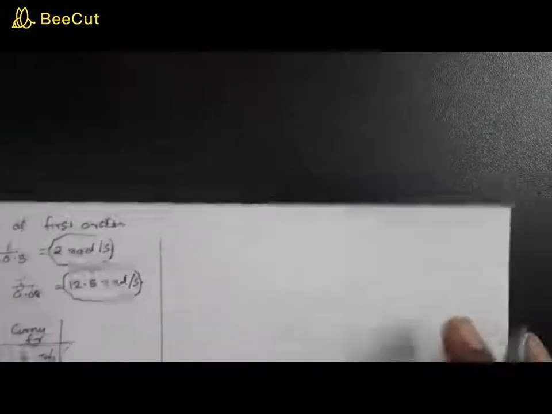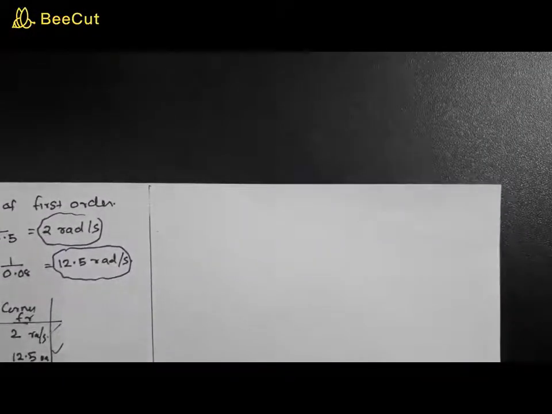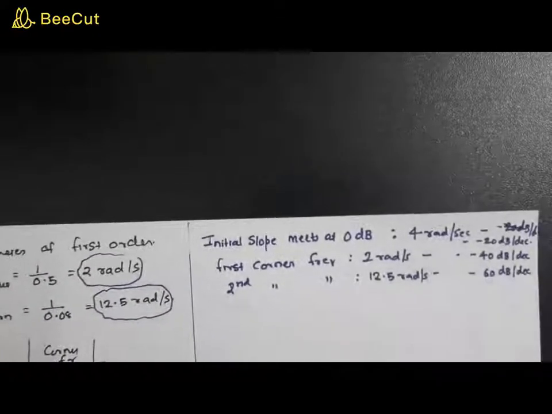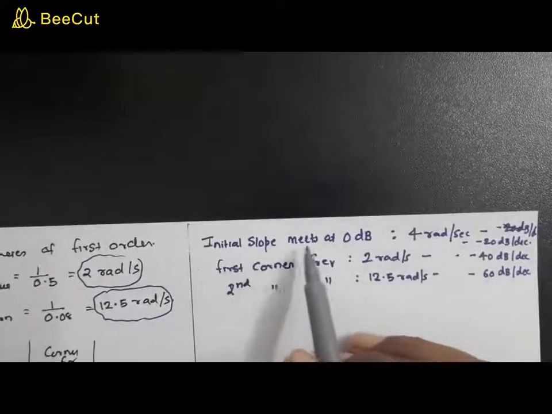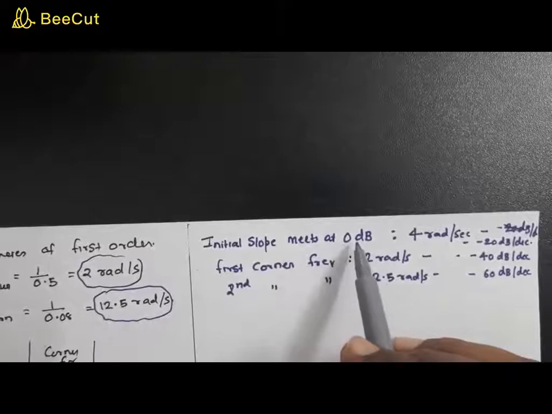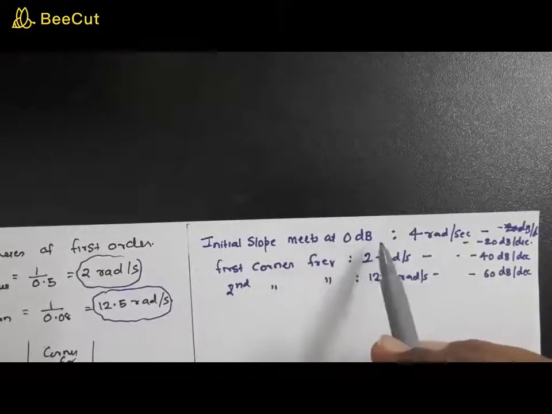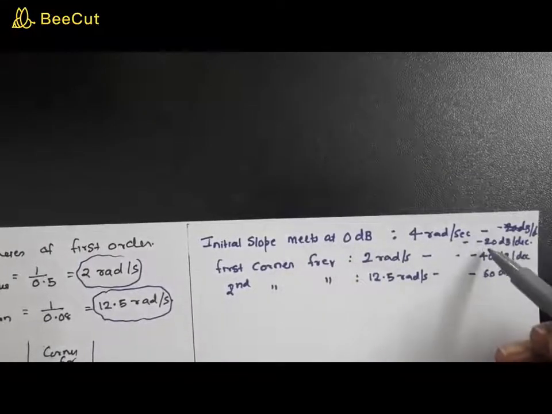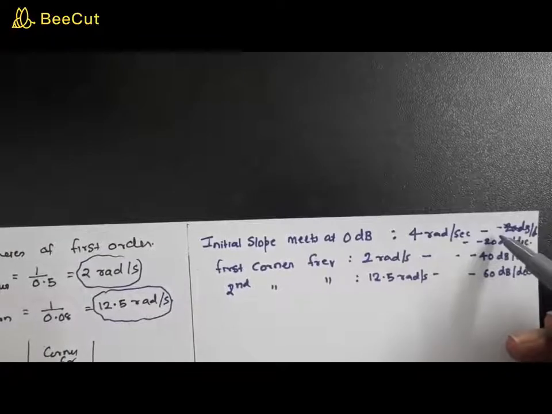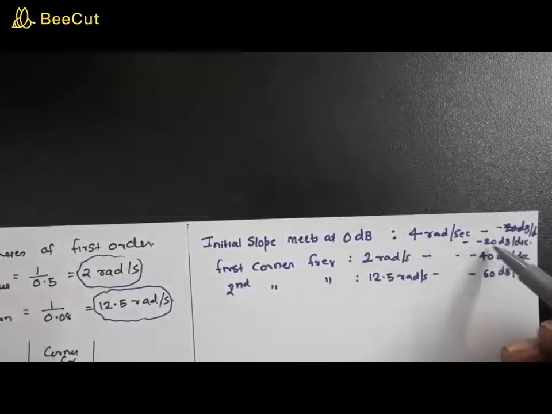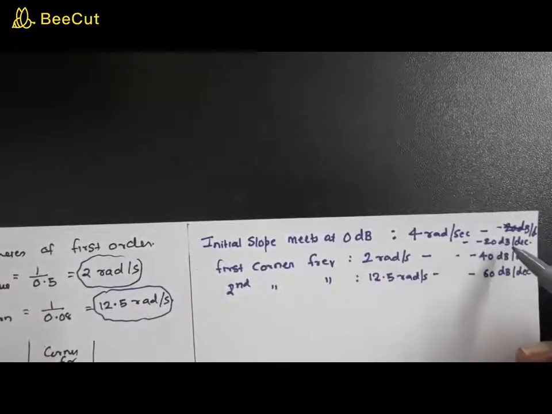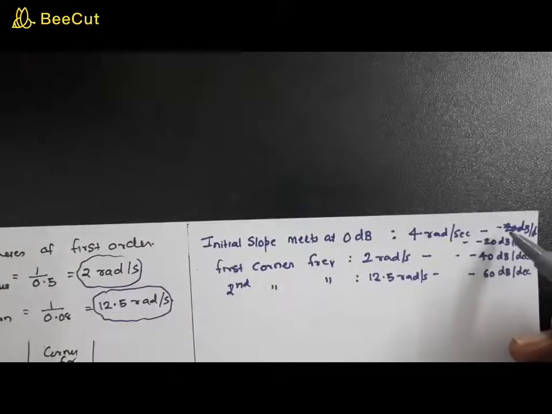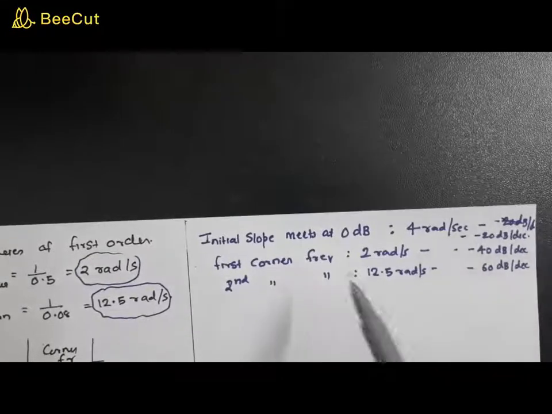I'm going to rewrite those things. Since it is a type 1 system, we have seen that the initial slope will always be minus 20 dB per decade. So it starts with minus 20 dB per decade.